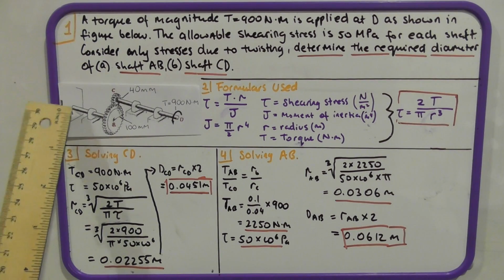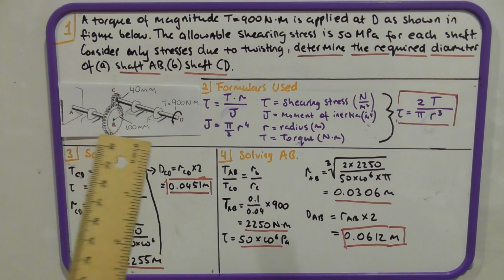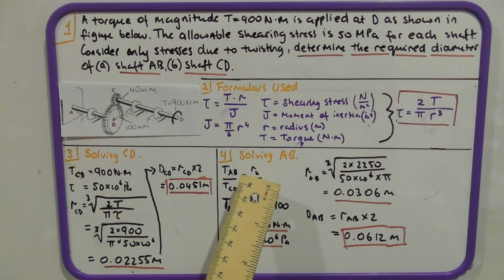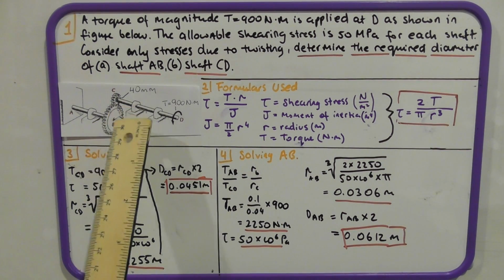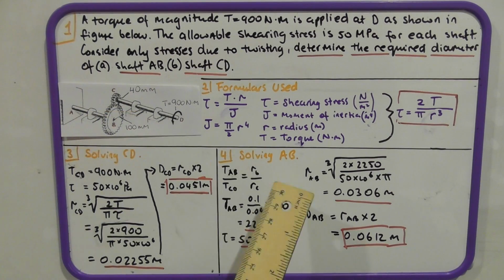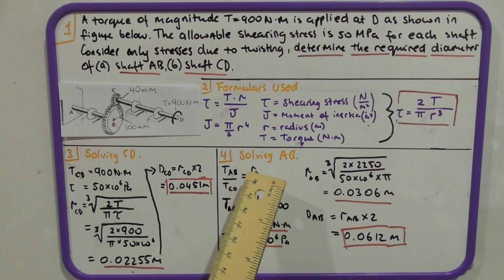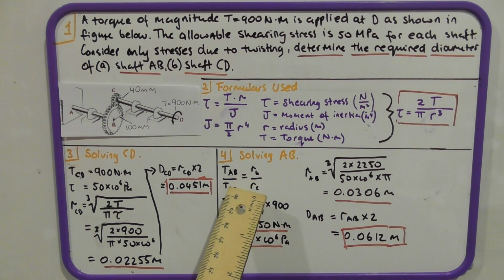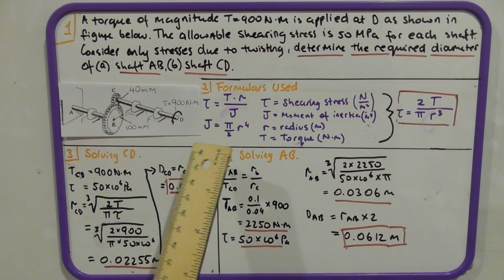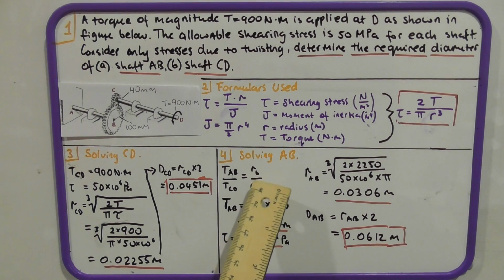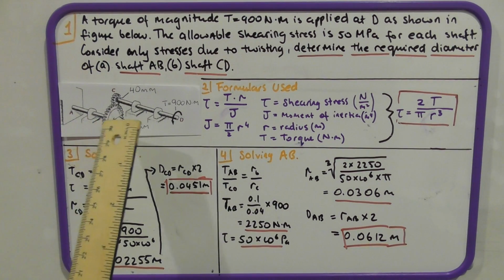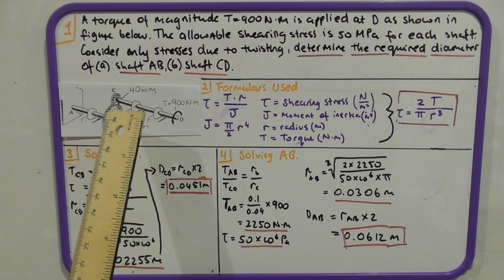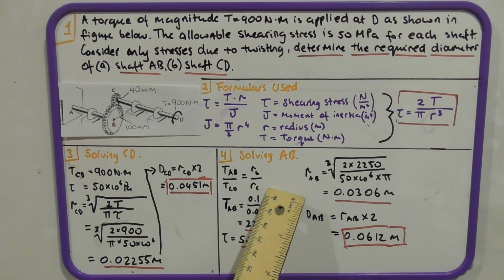So torque AB, we put that on top, and right across from it, we will also put the radius of that gear that's attached to the shaft. And then we will divide torque AB by torque CD, and that will be equal to the radius of B divided by radius of C.